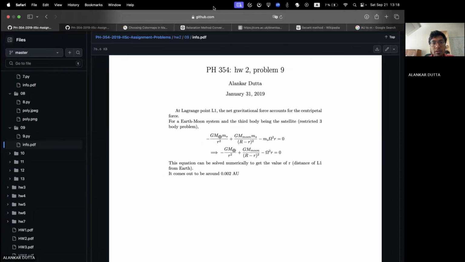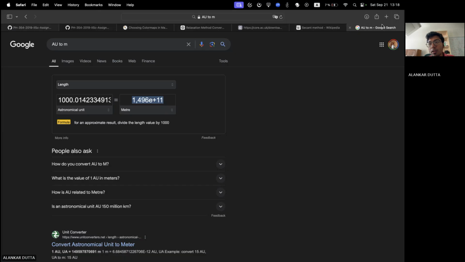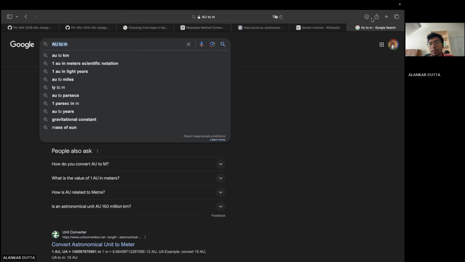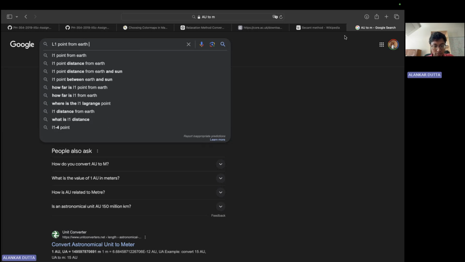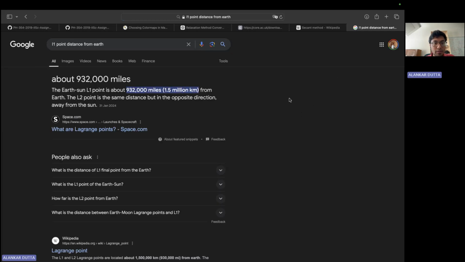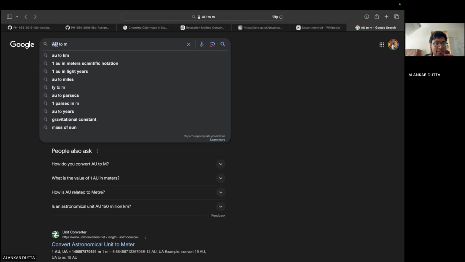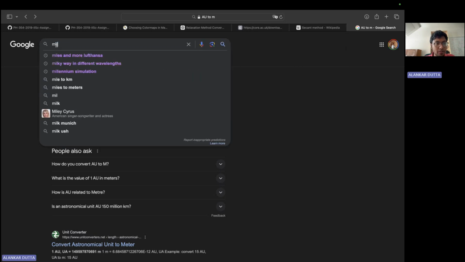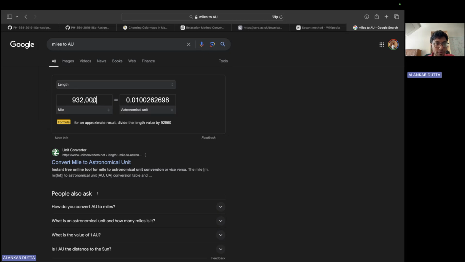If you search L1 point from Earth distance, this is about this much miles. Okay, so this is miles to AU, which is an astronomical unit.